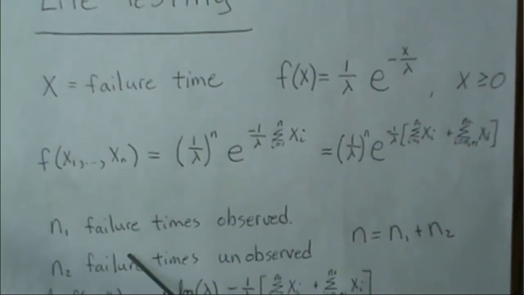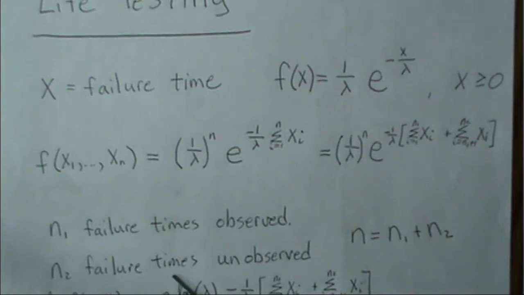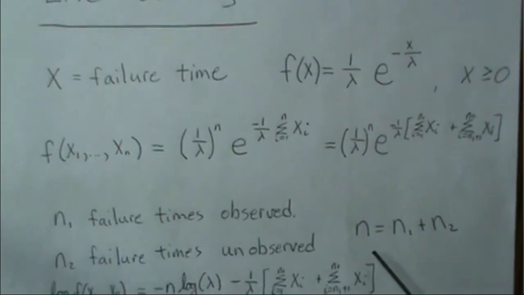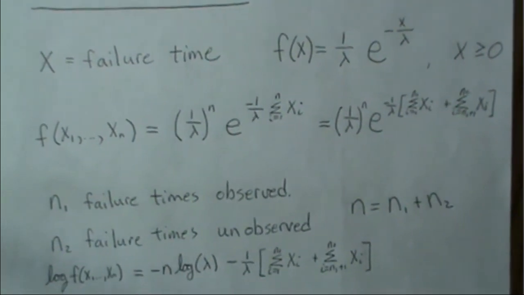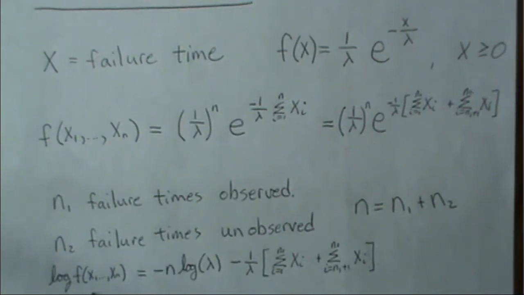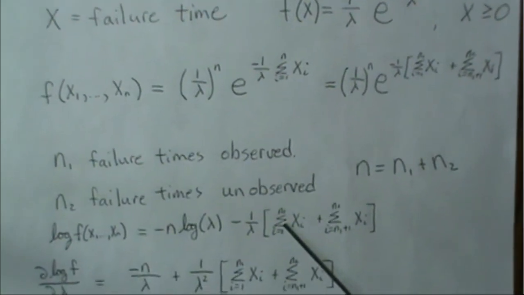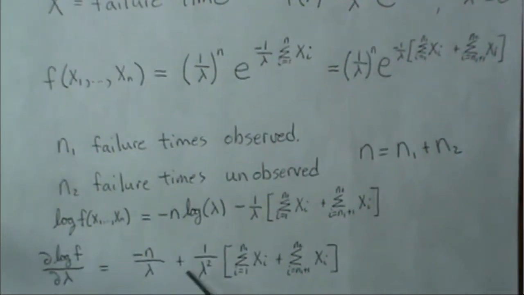And so the first N1 are observed, and the second N2 failure times are unobserved, they're censored, and they add to N, our total sample size. Now here is the log likelihood, which is this, and I keep our observed data and our unobserved data separate. Now we take the partial, or the derivative with respect to lambda, and we get this.